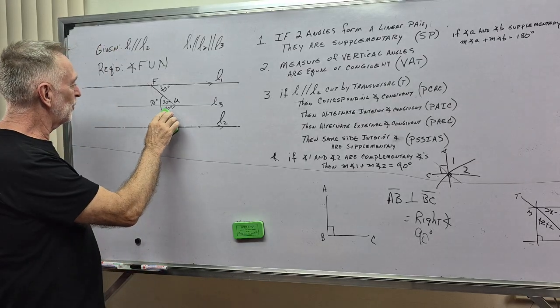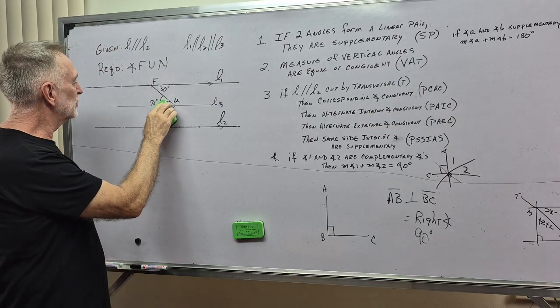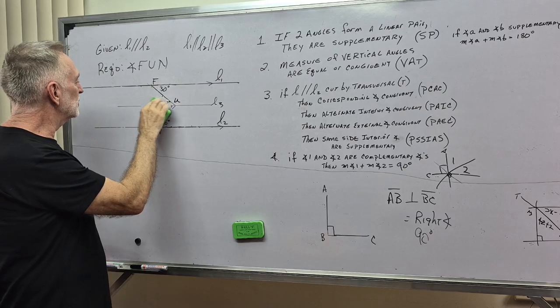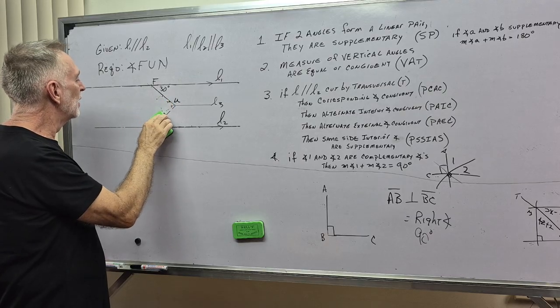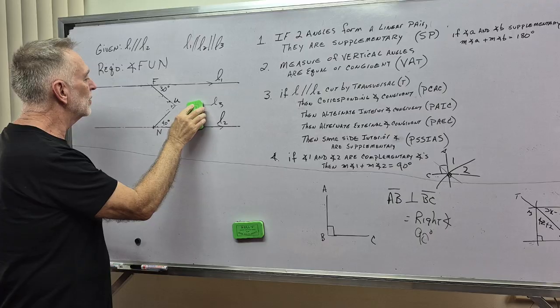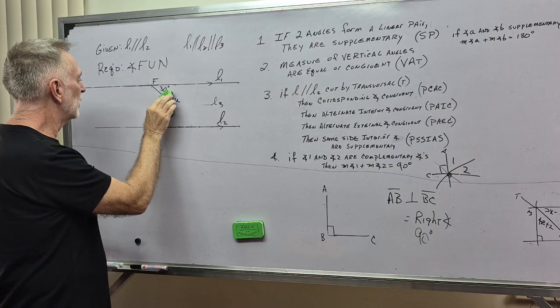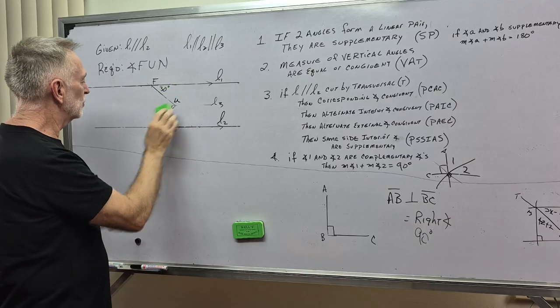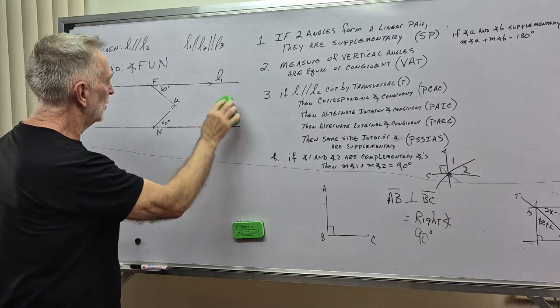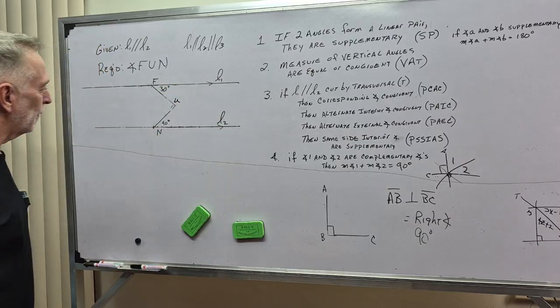Let's think of another way to do this. Let me erase these. Get rid of that line. All right, so we're back to our original construction we had early on.